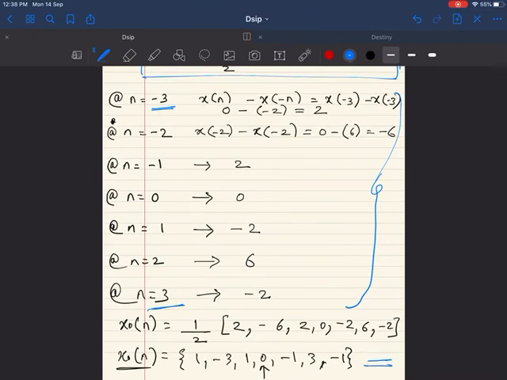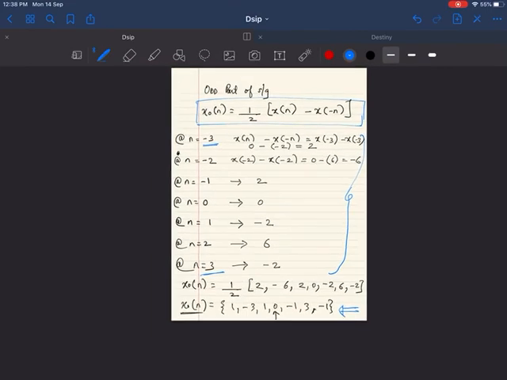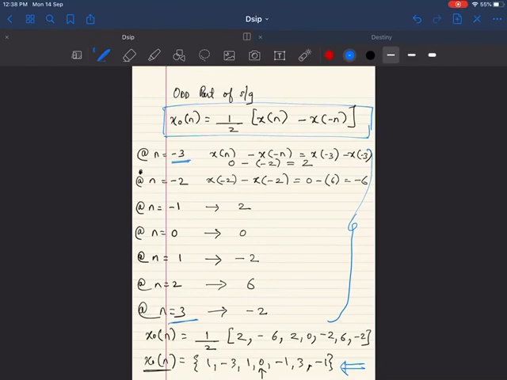This is the odd part of the signal that I get. So this is the third type of numerical that may be asked in your exam for even and odd signals, where you are given a sequence and you have to determine the even part of it and the odd part of it. Thank you.